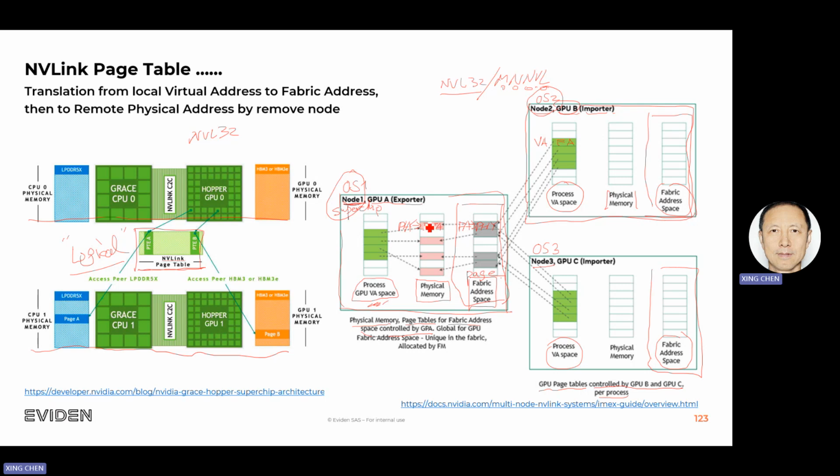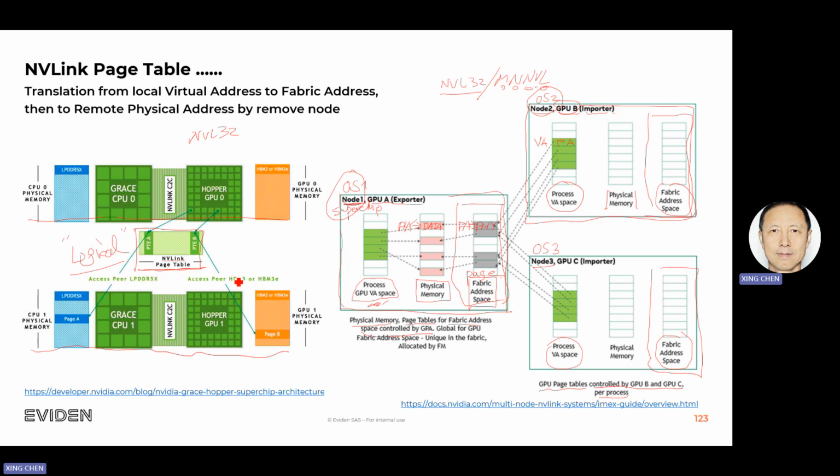Globally, all these page tables belong to all these different nodes. These distributed page tables, you can think of as the NVLink page table.